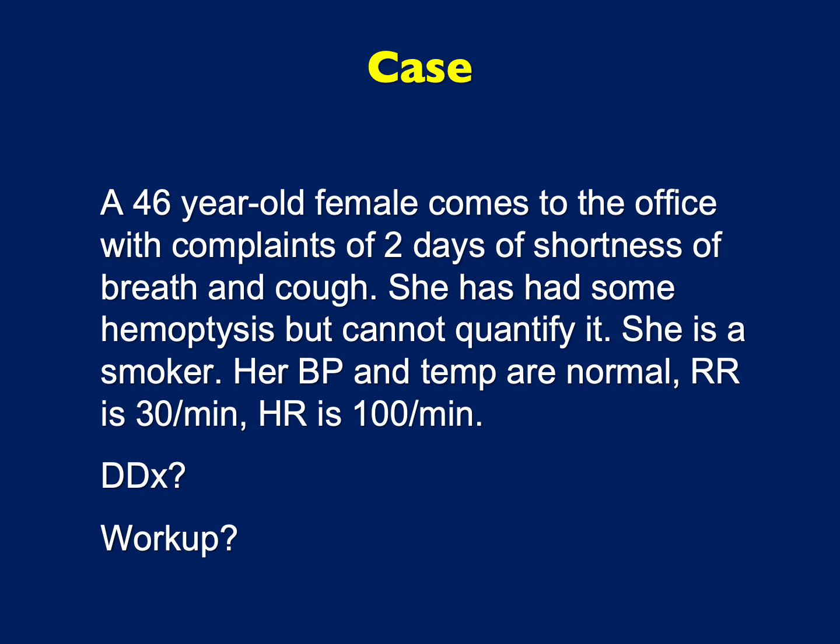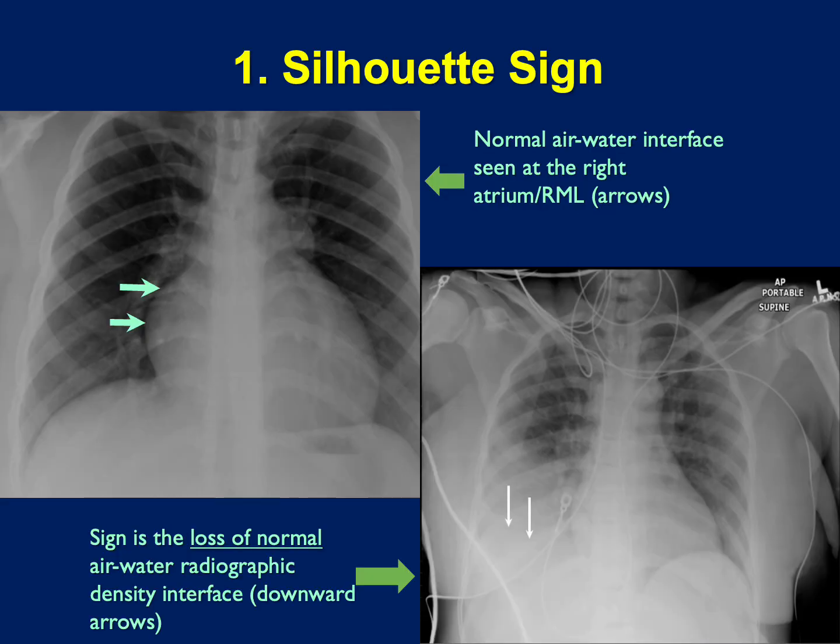Let's talk about some differential diagnosis on this patient. So one of the things that we need to talk about first is something called a silhouette sign. In cases of a normal chest x-ray, whenever there's an air-water interface, you will see a sharp demarcation or delineation of that region.